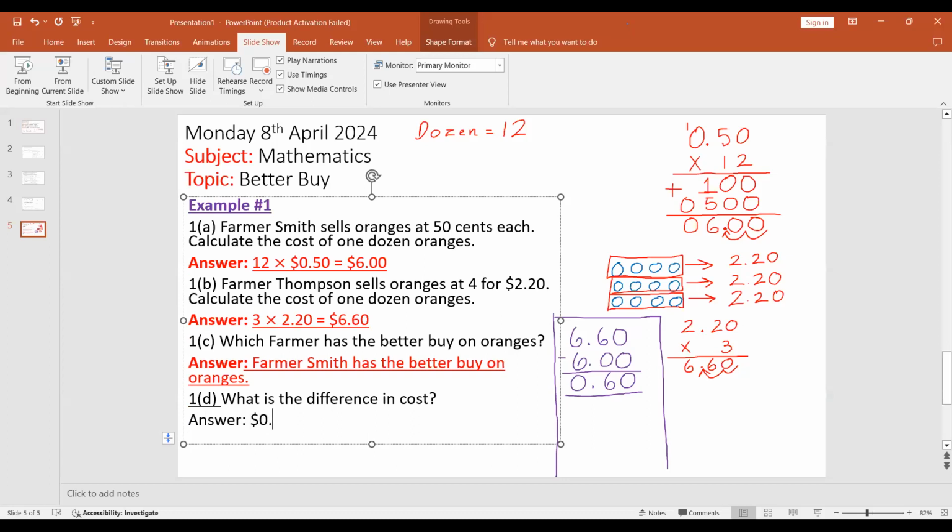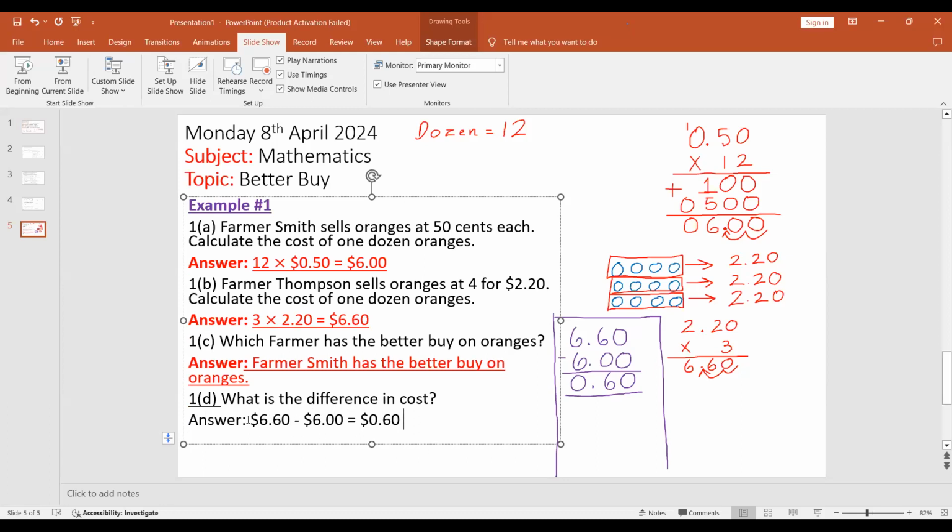So we said the difference, let's actually put it. We have $6.60 minus $6, and that's going to give us 60 cents.